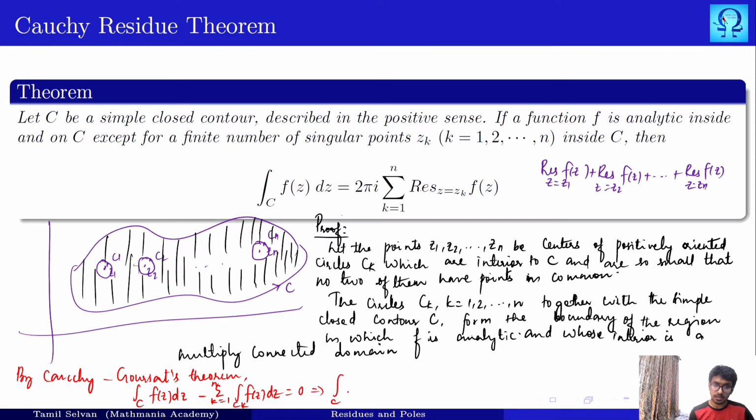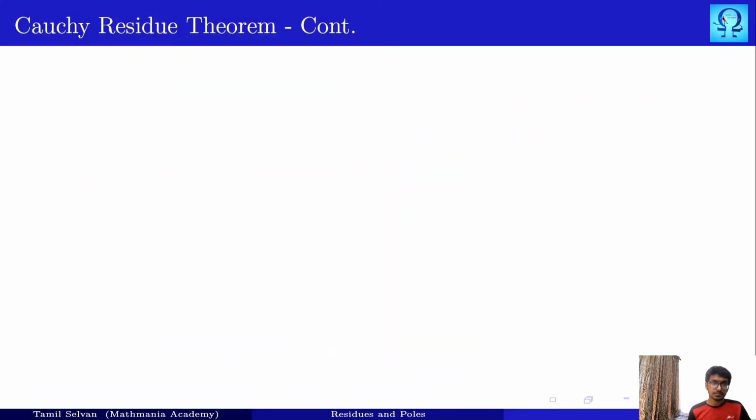This tells us the integral over C of f(z) dz is the summation, k from 1 to n, of the integral over Ck of f(z) dz. About the particular point, the integral over Ck of f(z) dz gives the residue of the function f(z) at z equals zk. So we collect all those residues and make a sum, and then you get this. So this completes the proof.